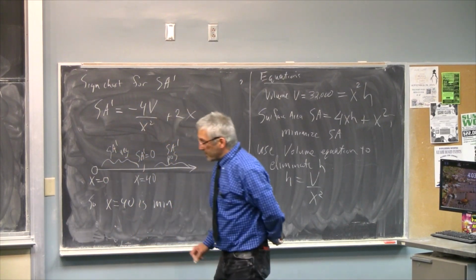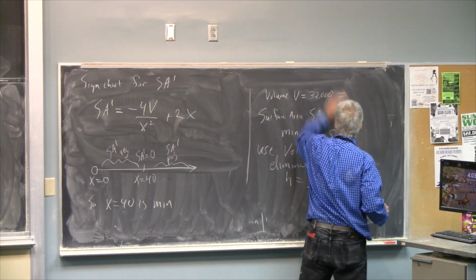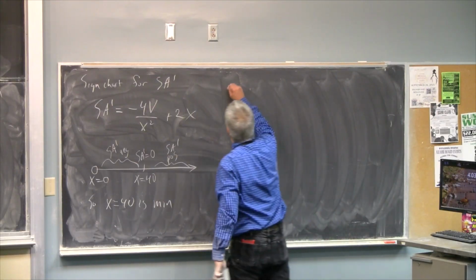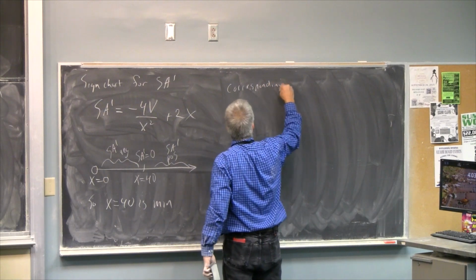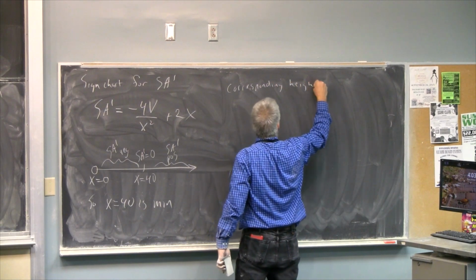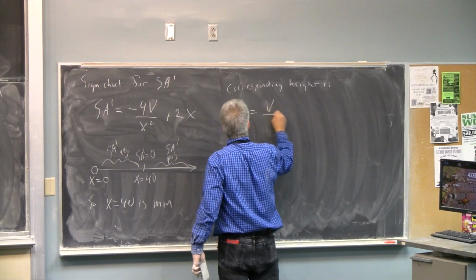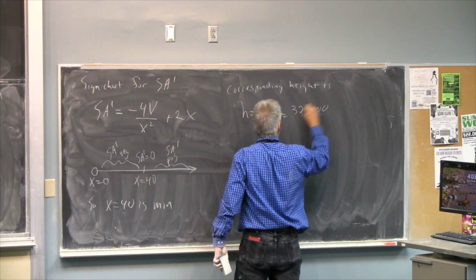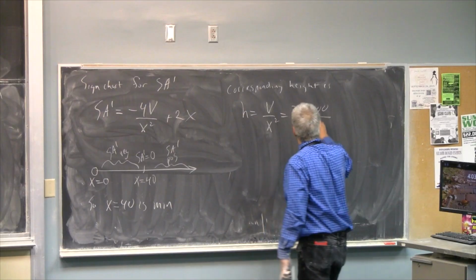And then we need to have the height as well. We need the dimensions, not just x. So the corresponding height is, well, we know that the height is the volume over x squared, so that's 32,000 over 40 squared.